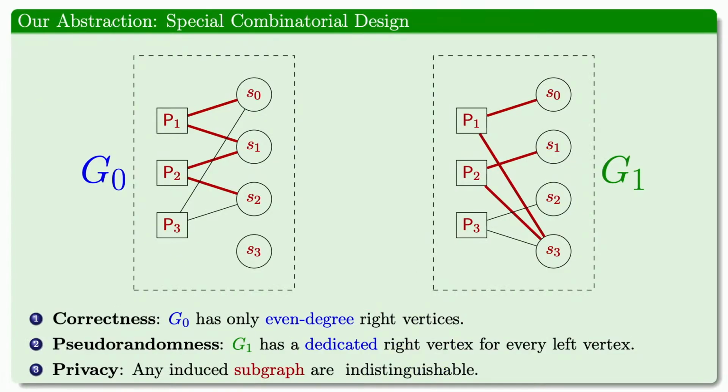And finally, we want the privacy guarantee, which says that these two ways of distributing the seed are indistinguishable from each other. This means that whichever two parties I corrupt, for example P1 and P2, the subgraphs induced by G0 and G1 look indistinguishable. I have highlighted this for you: these thick red lines are the subgraph you get when you corrupt P1 and P2, and they look exactly isomorphic.